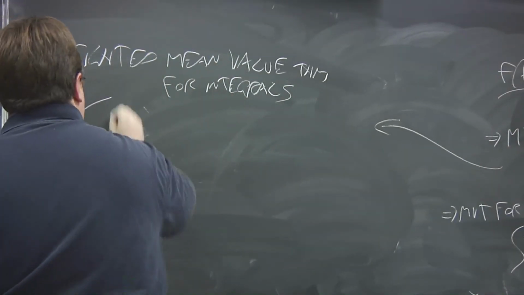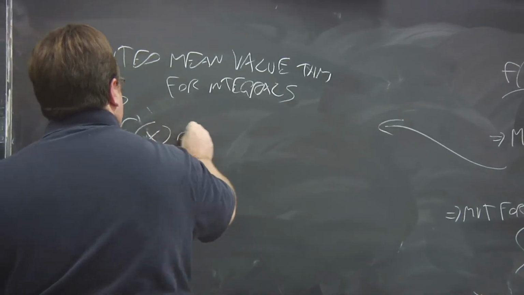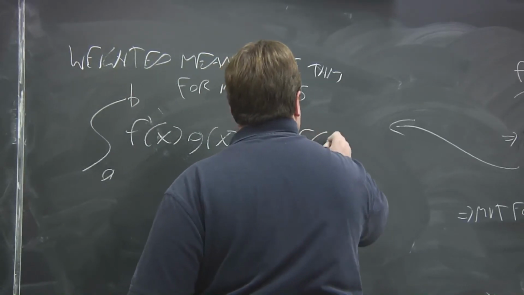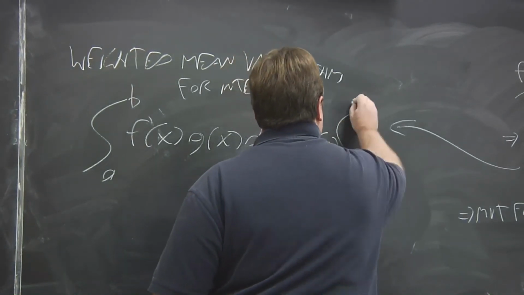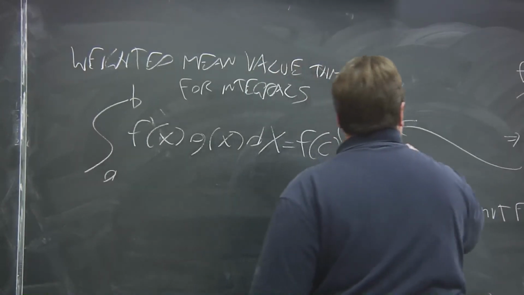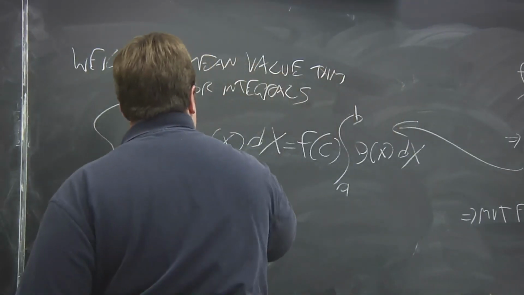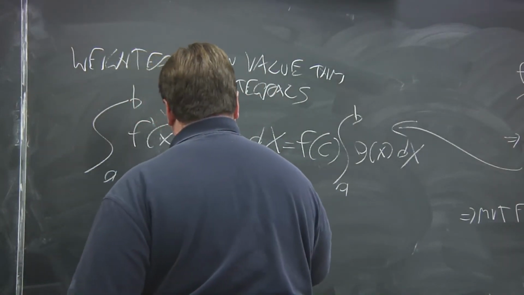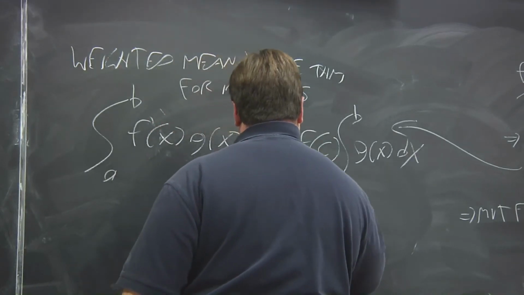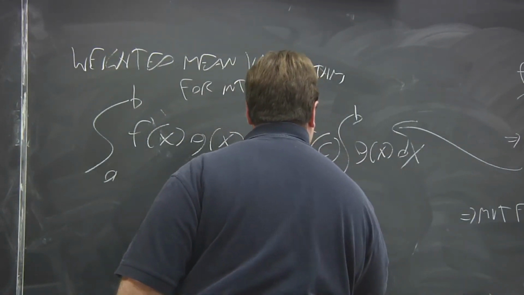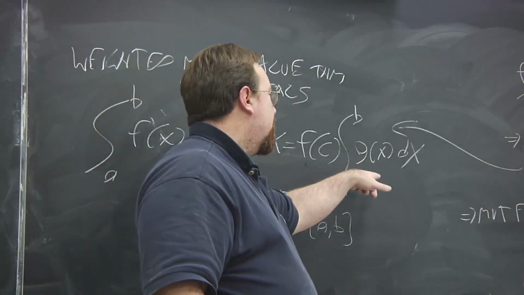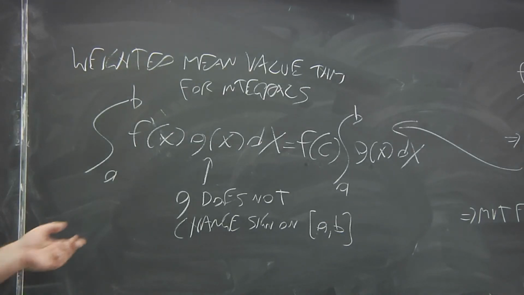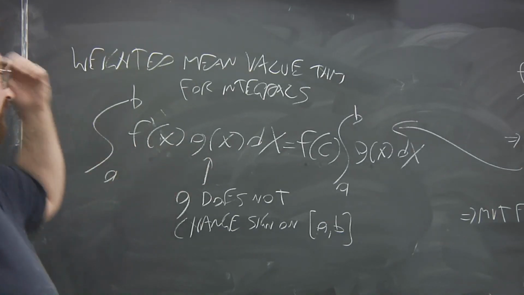That the integral from a to b of a product of two functions f and g is equal to the value of f at some point, and then you leave g of x in, provided that g does not change sign on the interval. As long as that's the case, you're allowed to pull f out, because often this is used where g is a function that's easy to integrate, like a polynomial or something, whereas f times g is something you don't know how to do.